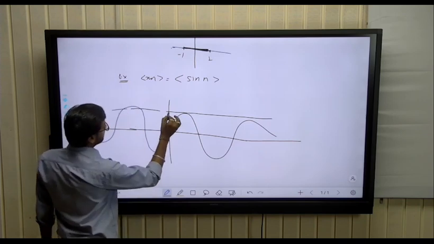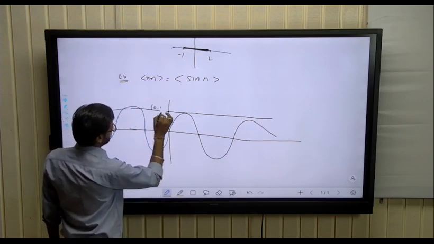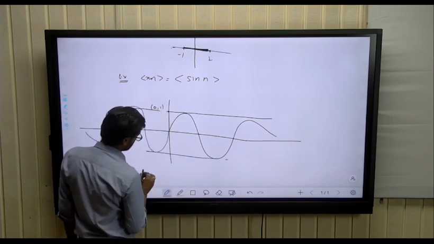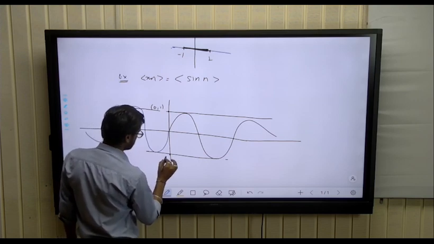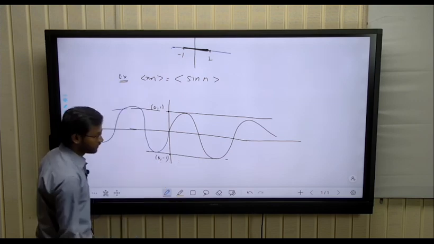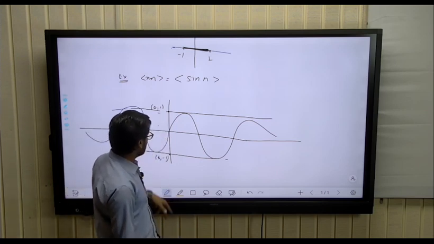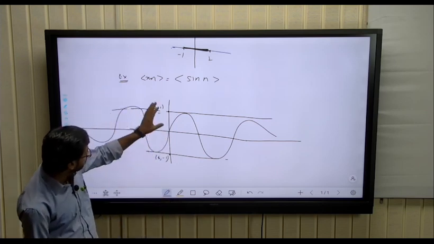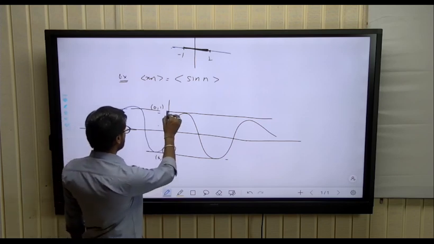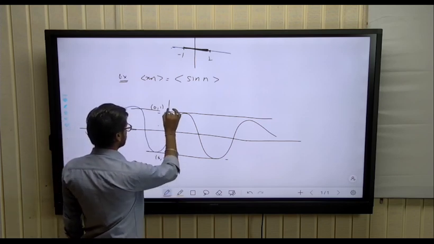So here the highest value is 1, the lowest value is 0 comma minus 1. Now we see that the highest value is 1 and the lowest value is minus 1. All values of sin x lie between minus 1 and 1.